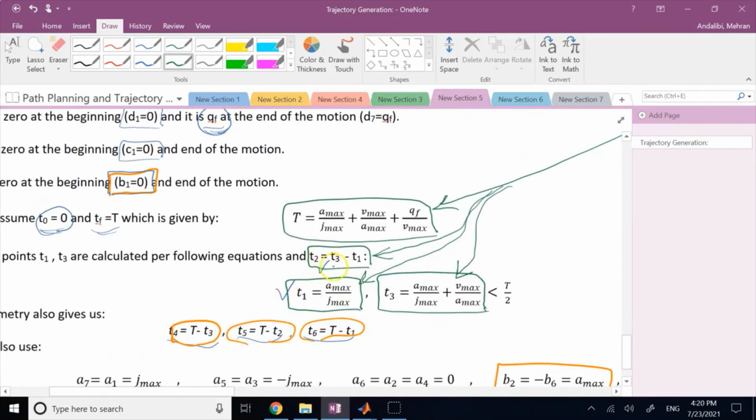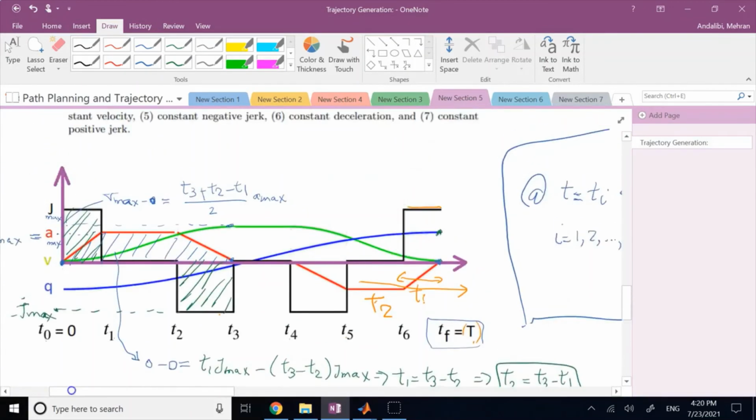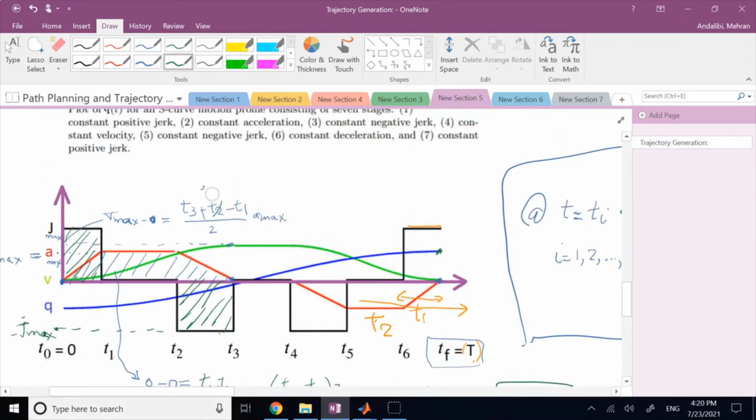Now that I know T2, I plug it into this formula. So T2 is T3 minus T1. Now if you look, you have two T3s, negative two T1s, divided by 2. So this whole thing can be simplified as T3 minus T1 times A max is V max.